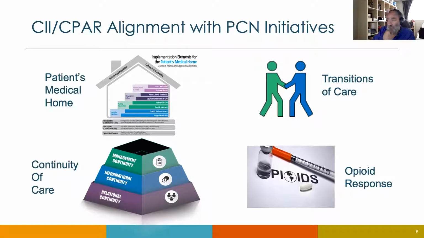And day surgery is particularly important for opioid response. If a patient is seen for day surgery and is at risk for opioid abuse and their primary care provider doesn't know about it, it's possible that they could be prescribed something that would be inappropriate and high risk. So getting those alerts is really important for physicians trying to manage patients at risk of opioid abuse.